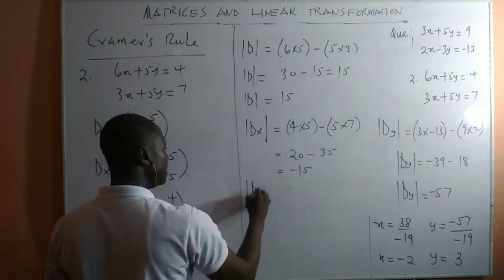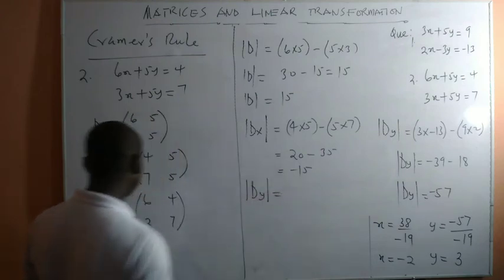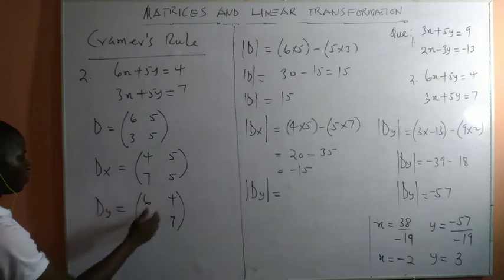Then we find the determinant of the Y matrix. In the Y matrix, we have 6, 4, 3, 7.